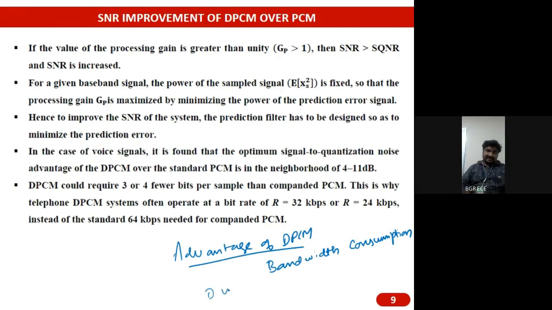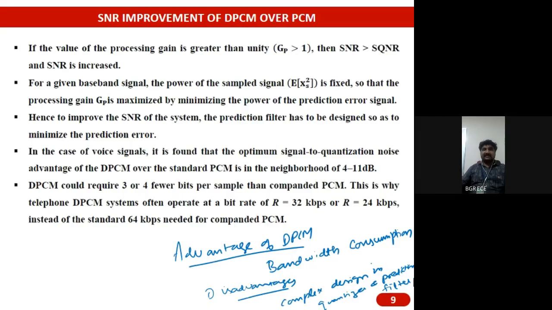Whereas it has several disadvantages, such as it involves a complex design in the quantizer and prediction filter, so that the cost of the equipment will be very high.